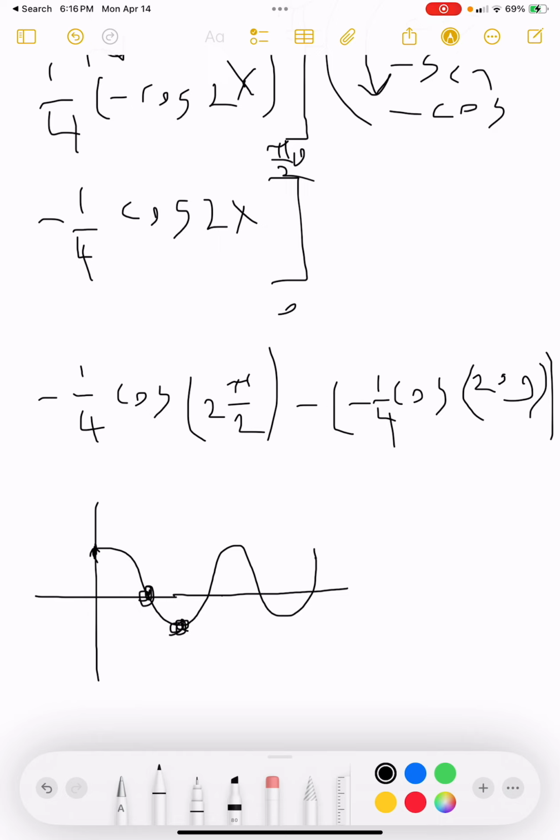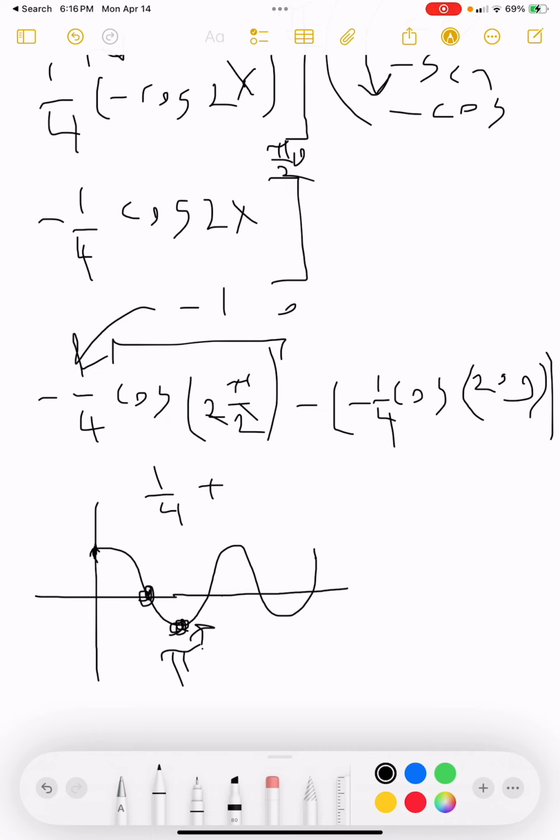So this 2 times pi over 2 is just pi, since you can cancel out the 2's. But looking at this graph, we see that cosine of pi is negative 1. So this whole thing here will be negative 1. Multiplying that by the negative 1/4 we have is positive 1/4.